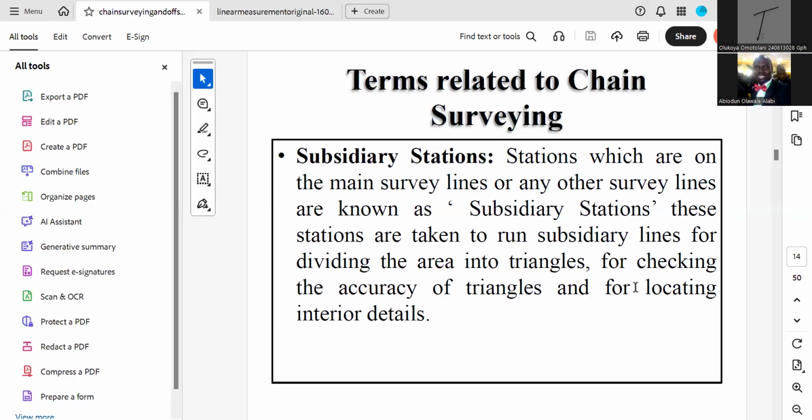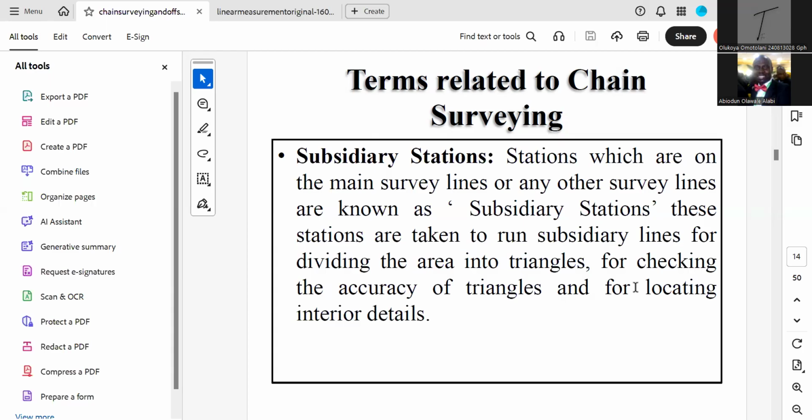The subsidiary stations are stations that are on the main survey line or any other survey lines. And what do we use them for? We use those lines to create a series of triangles, and for checking the accuracy of triangles.